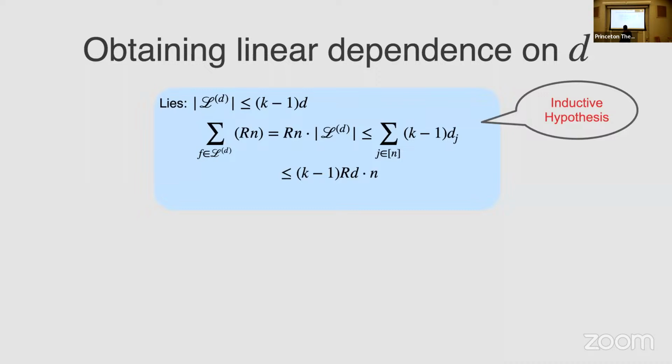And using the average bound on d_j, we can replace this by (k minus 1)^{rd} times n. This would directly give the size of the list being (k minus 1)^d.